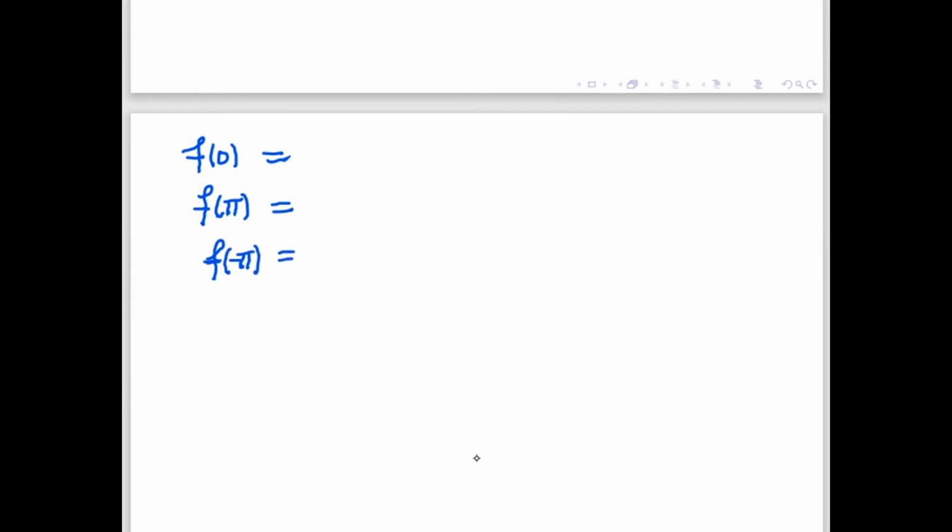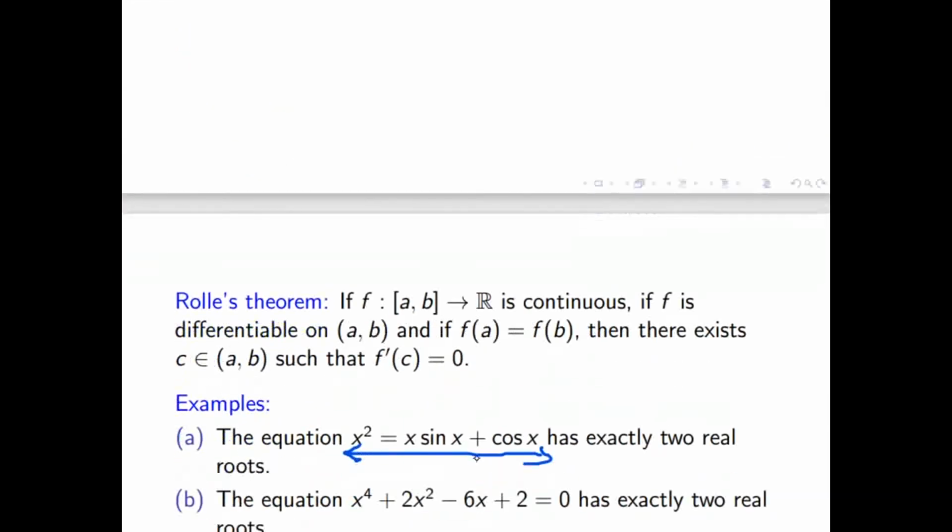So here I am calculating f of 0, f of pi, and I will calculate f of minus pi also. The function f of x is x square minus x sin x minus cos x.